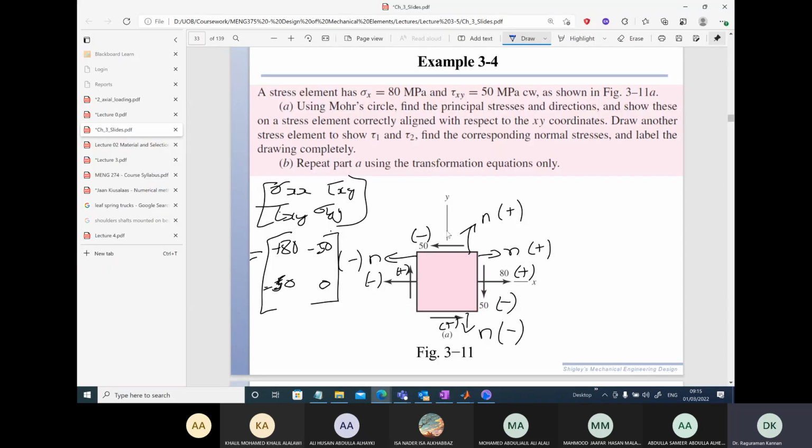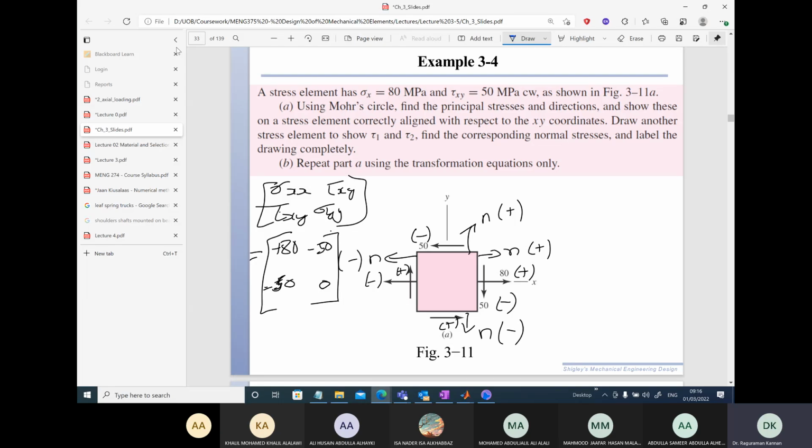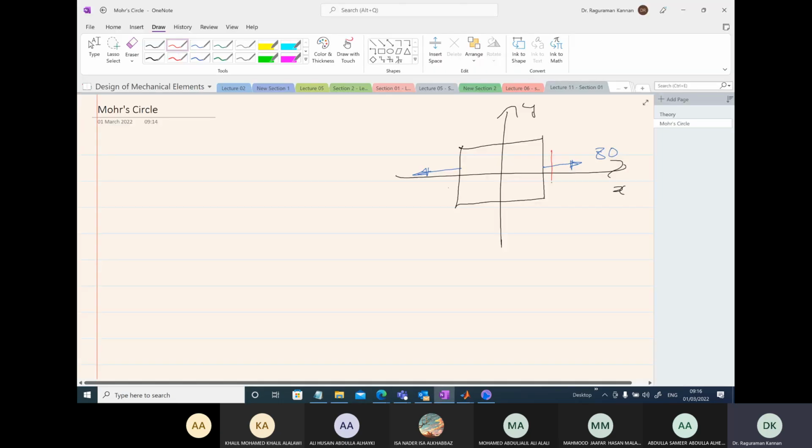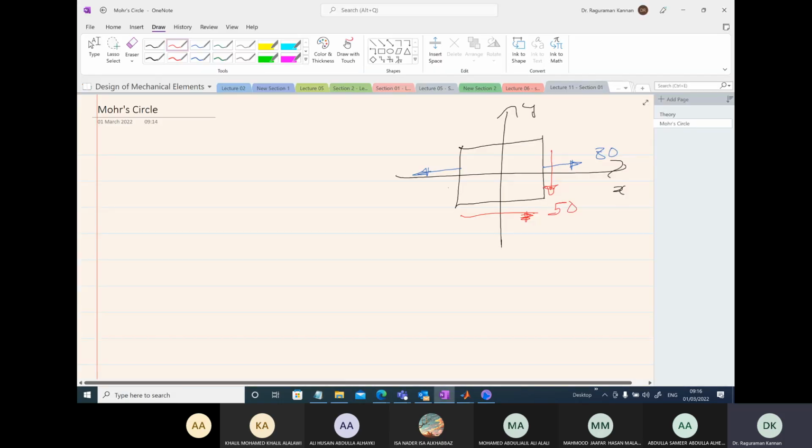The value is given 80, sigma xx value, and then we are also given shear stress 50 with this particular direction. Okay, first we need to write the stress element.